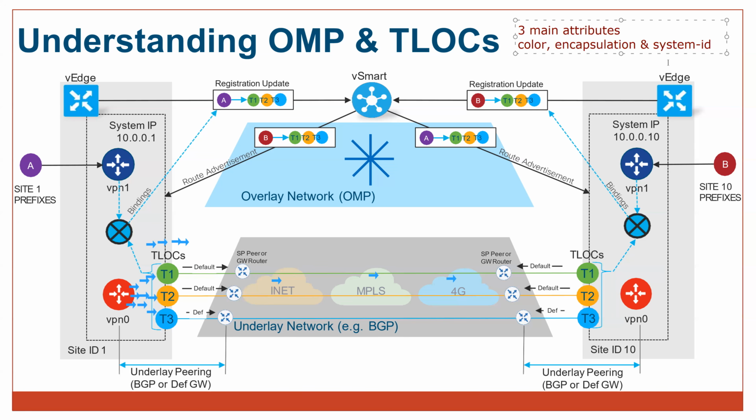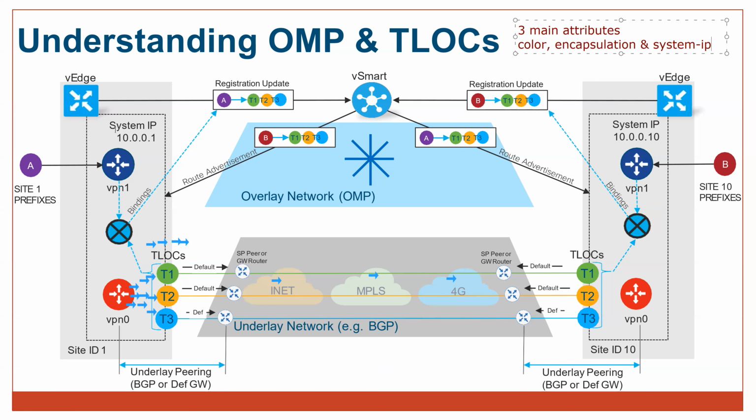So suppose you have 4 physical interfaces, if any physical interface goes down, that interface address will go down, it will become unreachable. But if you have a system IP or loopback address on that device, even if any of the physical interfaces go, you still have one address which is up and running. That is nothing but the system IP, system ID or system IP, ID or IP, same thing. So three main attributes you have for TLOC: color, encapsulation, and system IP. I should write IP here, system IP.